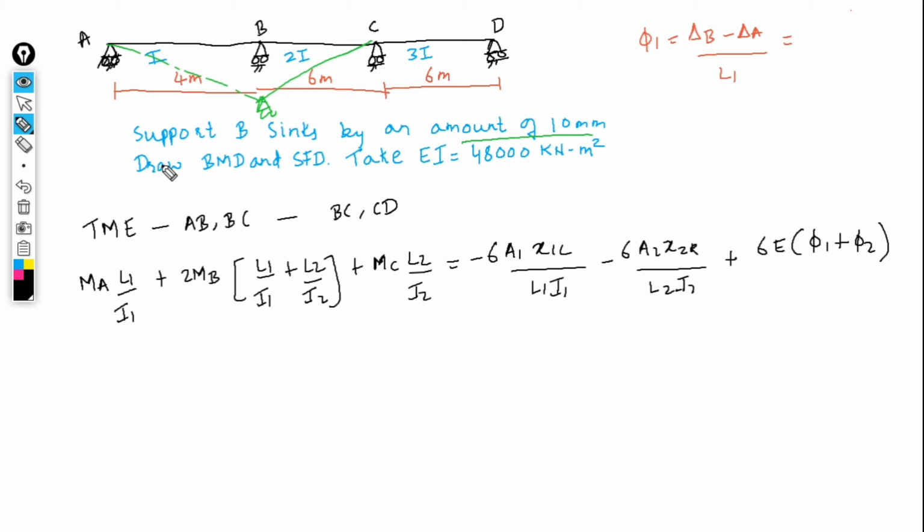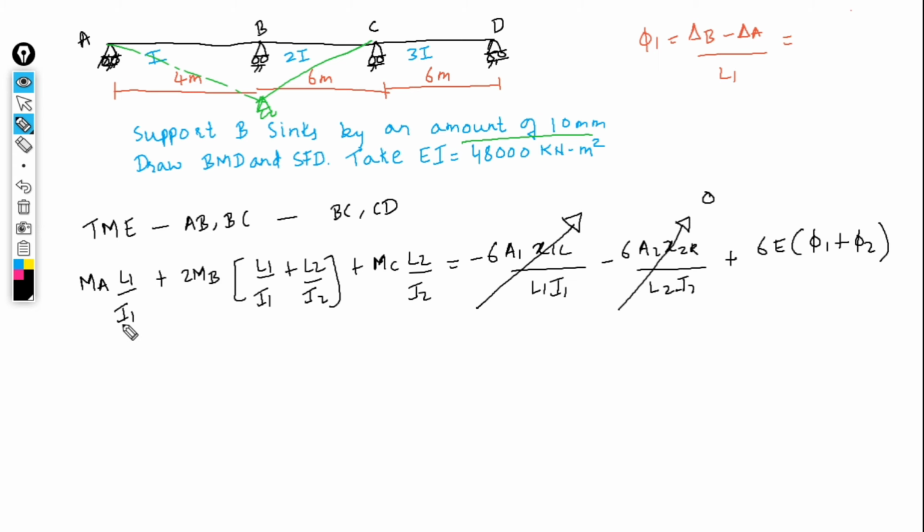When the free bending moment diagram is not there, this part will directly be cancelled. The end moments will be only due to the indirect loading, due to the sinking of the support. Whatever bending moment and shear force develop in the continuous beam is only due to the sinking of the support.